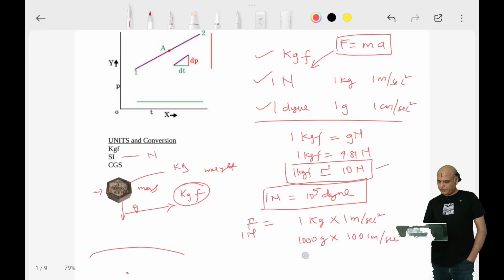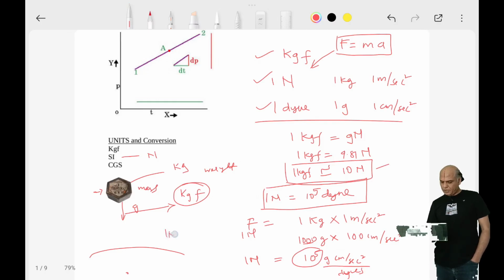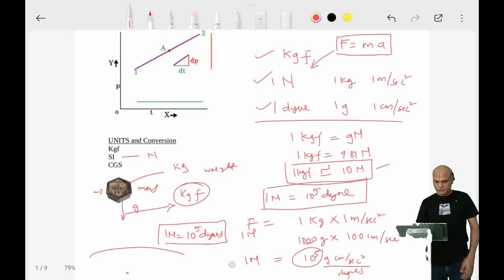So this would be 10 to the power 3 and 2, 5 zeros, gram centimeter per second square. So 1 Newton is equal to 10 to the power 5 gram centimeter per second square, and by definition this is nothing but dyne. Therefore, 1 Newton is equal to 10 to the power 5 dynes. Remember this equation.